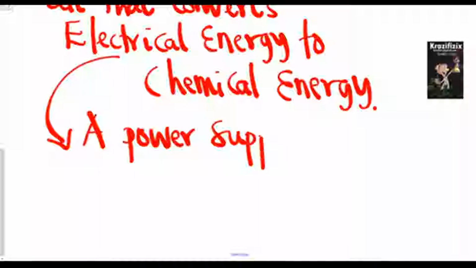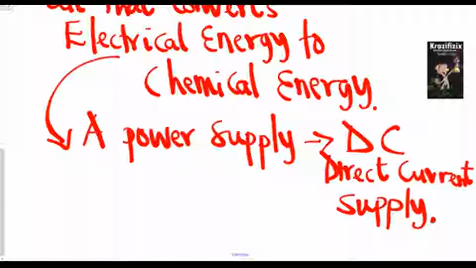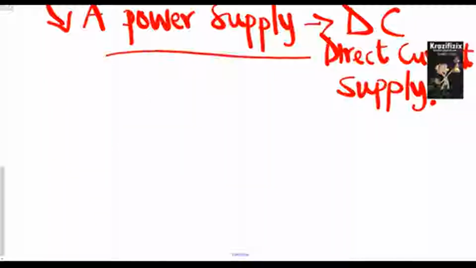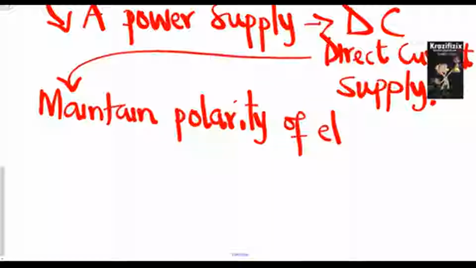And ideally, we always use a DC, DC meaning a direct current supply. I know some of you are asking why specifically a DC, because we want to maintain polarity of the electrodes.